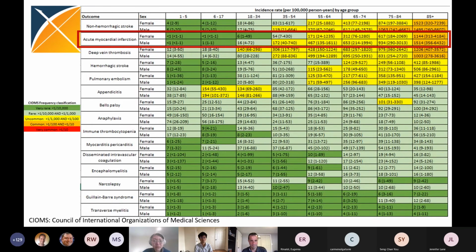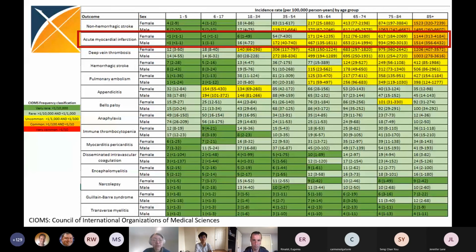The first part of the results shows the pooled incidence rates across databases by age and sex group. The colors represent the classification by the CIOMS frequency, ranging from very rare to very common events. Usually people tend to classify one event into a single classification group.